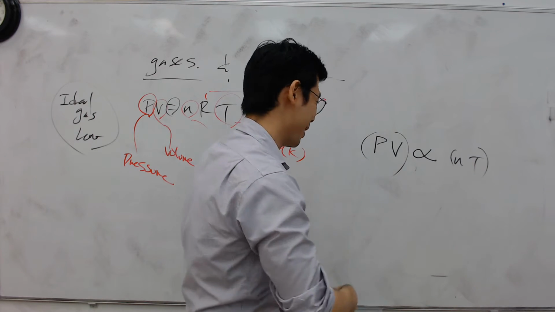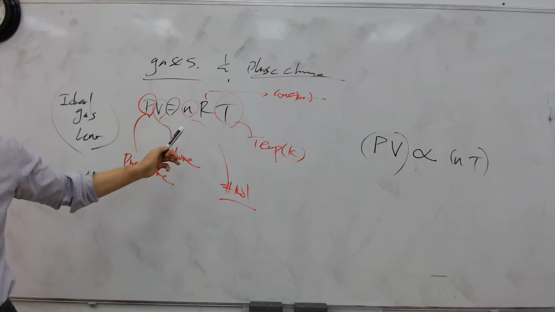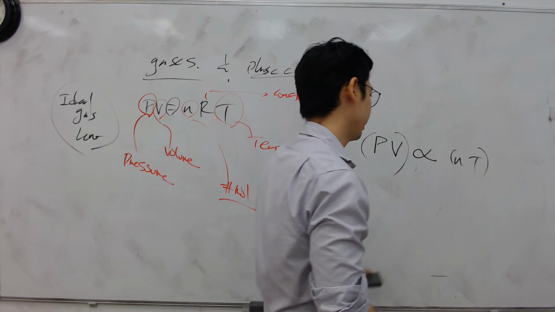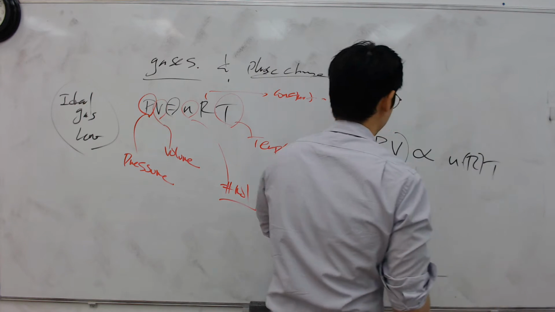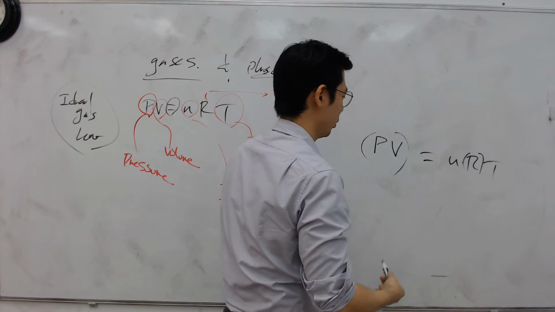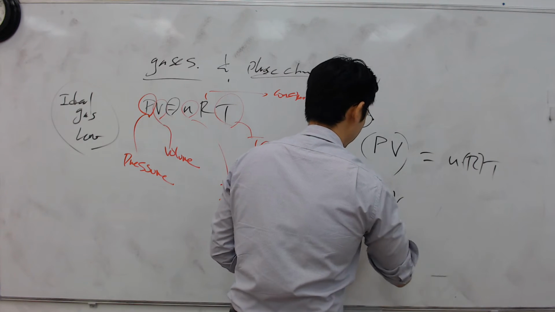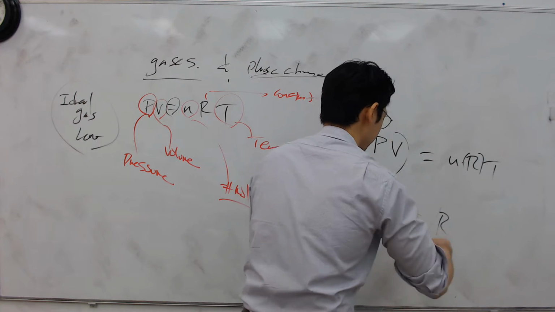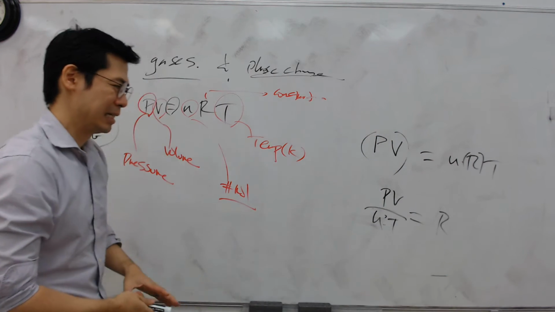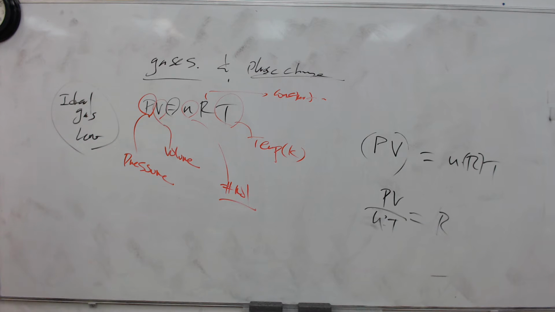So to make it equal, they add a constant, which gives nRT, so they become equal. If you put PV over nT, it becomes R. R is a constant.